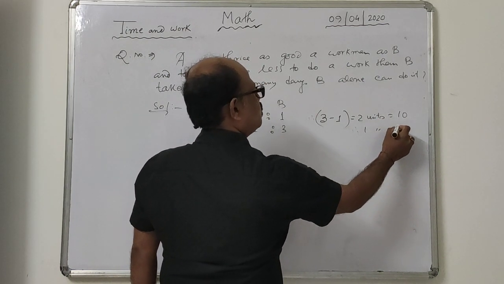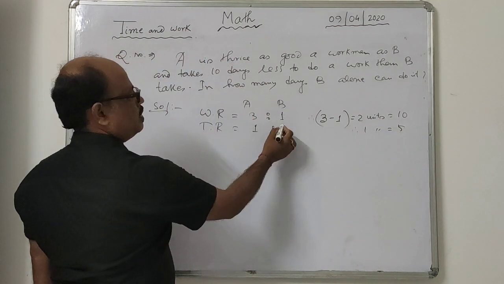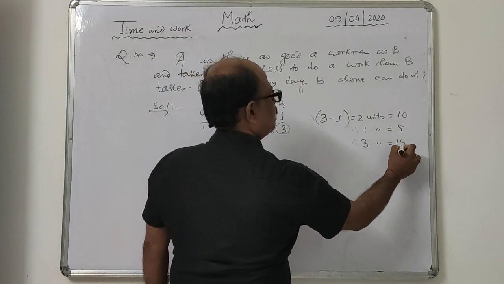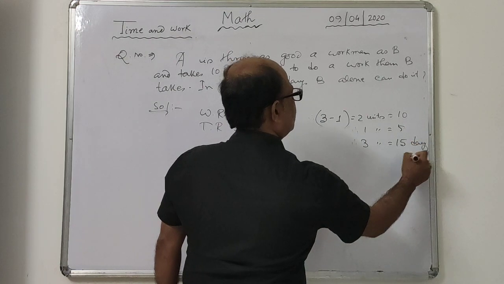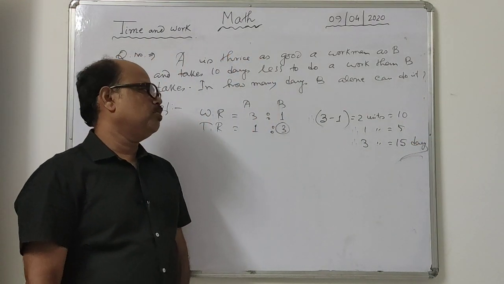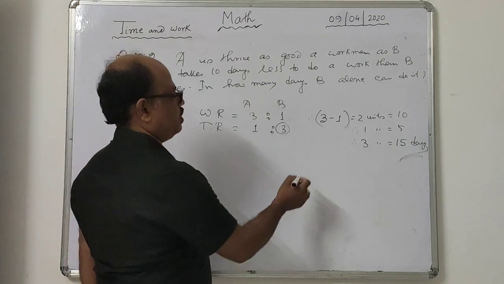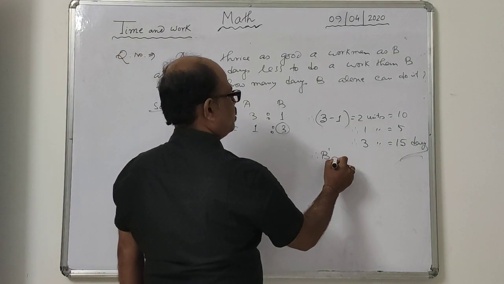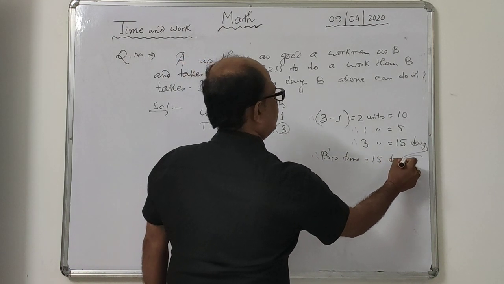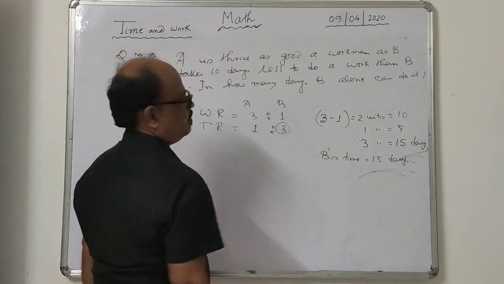Then 1 unit equals 5 days, and B's time is 3 units. Therefore 3 units equal 15 days. B completes the same work in 15 days.